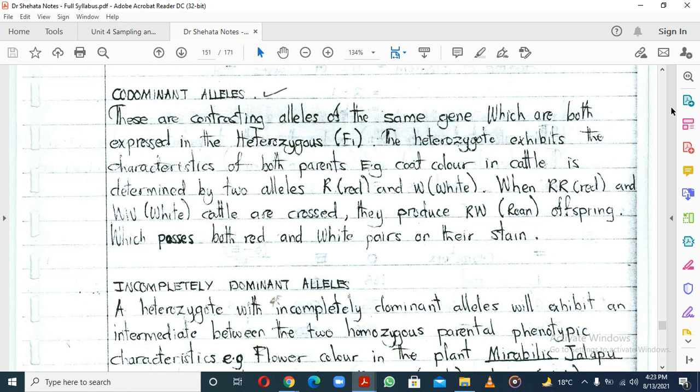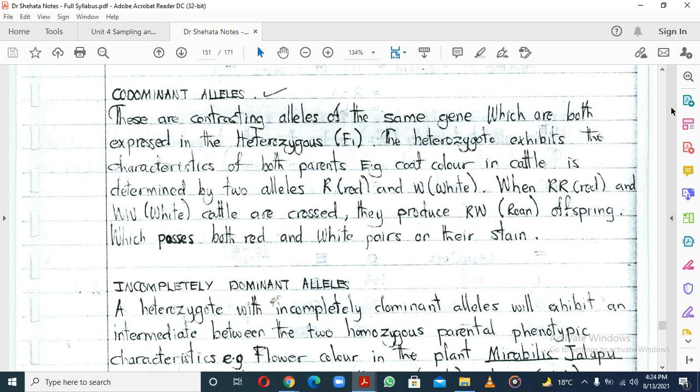So let's look at an example of the coat color in cattle, right? The color of the coat of the cattle is going to be determined by two alleles. There's one for red and one for white. Now, when homozygous red, which is capital RR, and homozygous white, which is capital WW, are crossed, they are going to produce RW.